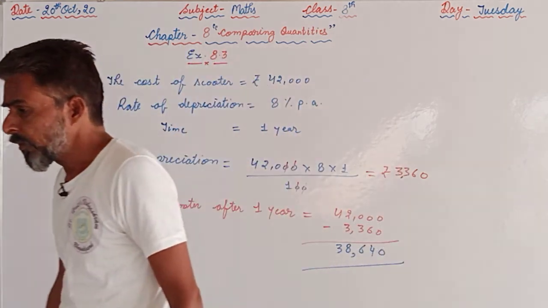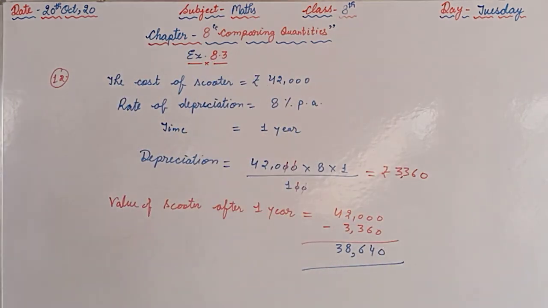At the same time, you are supposed to go through the examples also, the same as this question number 12. One example is there, example number 15, in which a TV was bought at 21,000, and after 1 year its value was depreciated by 5%. Find its value after 1 year. The same thing is given here, but the rate of depreciation is different.